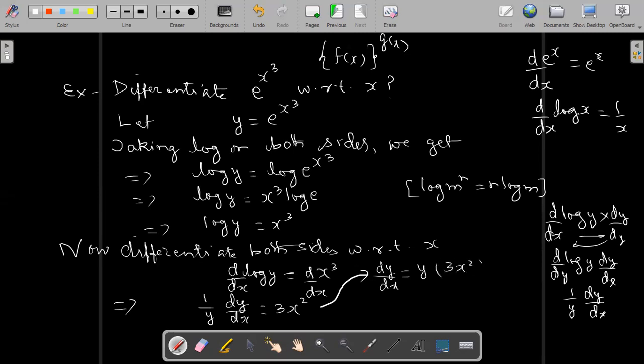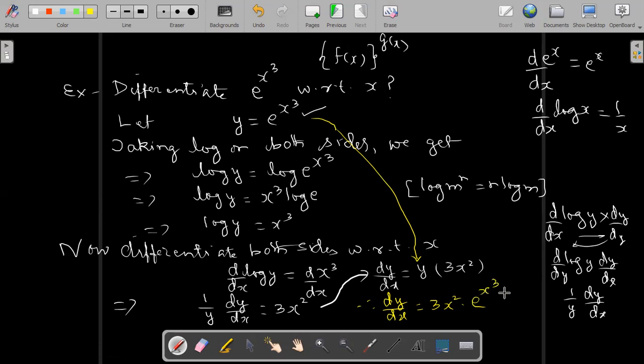But this is not the answer. Again you have to put the value of y, substituting this value of y from here, we get the final answer. Therefore dy by dx is equal to 3x square into e to the power x cube.